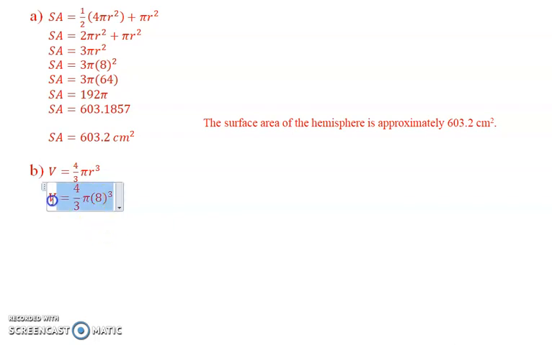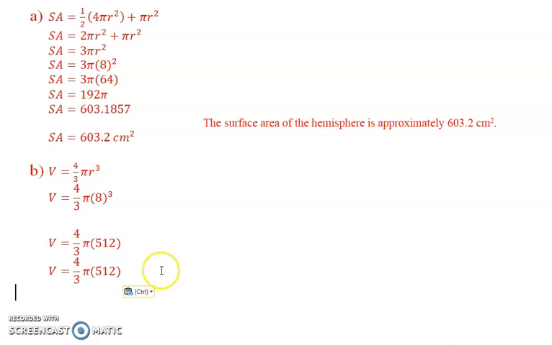All right, so I'm just going to recopy this line here and substitute the value of 8 in. That gives us 512, and then we multiply 512 by 4 and divide by 3. It's going to give us a decimal, so we'll just leave it like that. We multiply 512 by 4, and the numerator is going to be 2048.